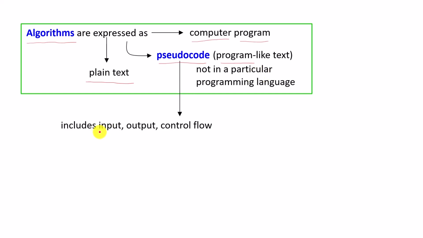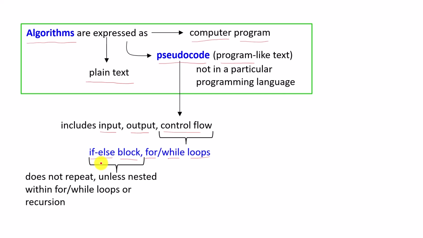Pseudocode must have these three components: input, output, and control flow. And by control flow, what we mean, especially in case of Python, as well as it is true for other languages, control flow involves these if-else blocks, as well as for and while loops.